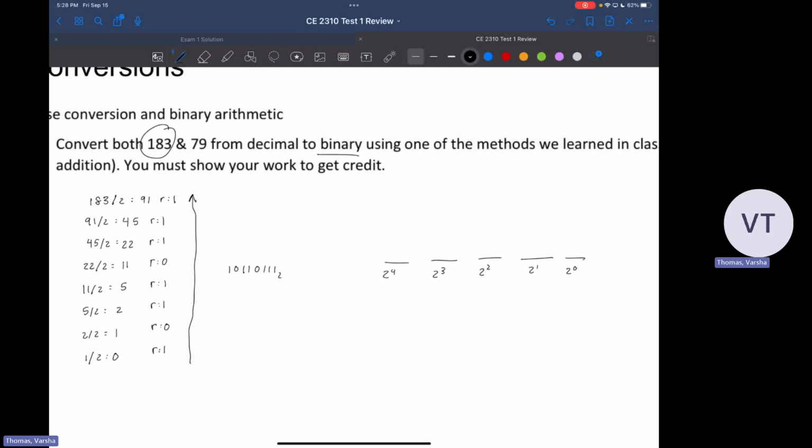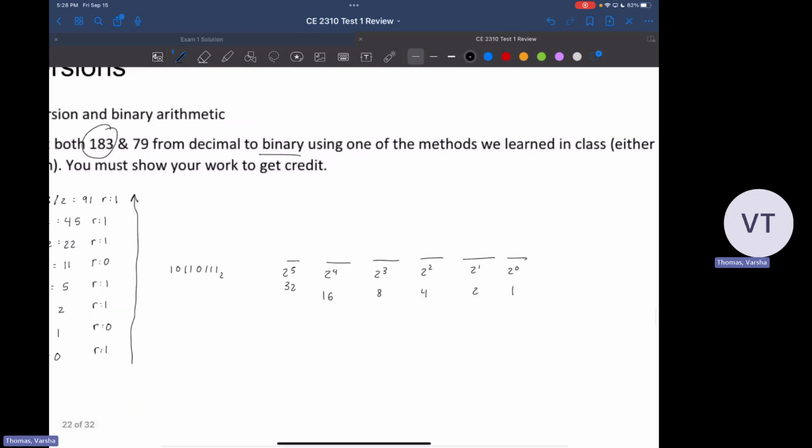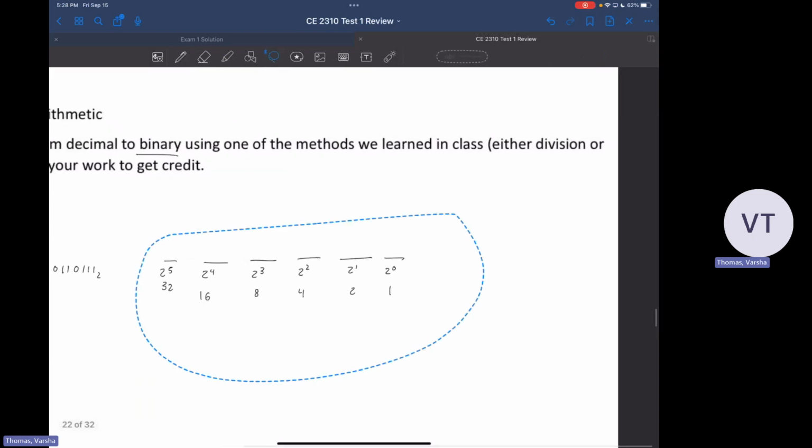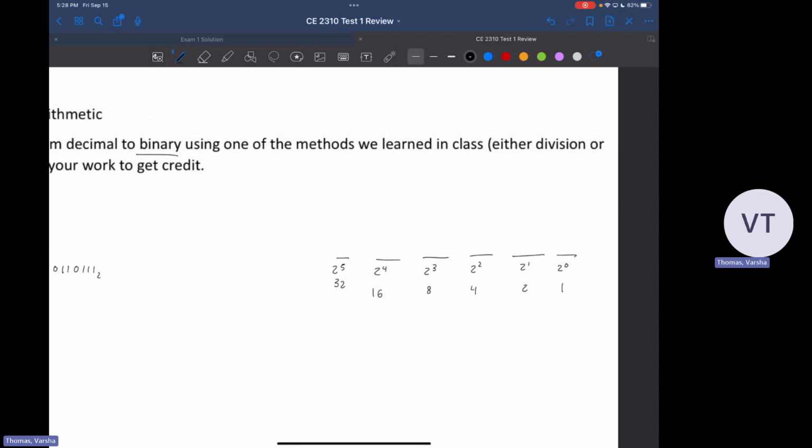So 2 to the 0 is the same as 1, 2 to the 1 is 2, 4, essentially just multiplying by 2, 8, 16, 32, 2 to the 5. I'm going to have to shift this over more. Then you have 2 to the 6, 64, 2 to the 7, and it just keeps going.